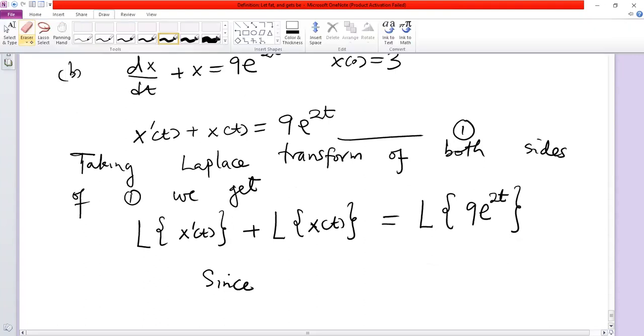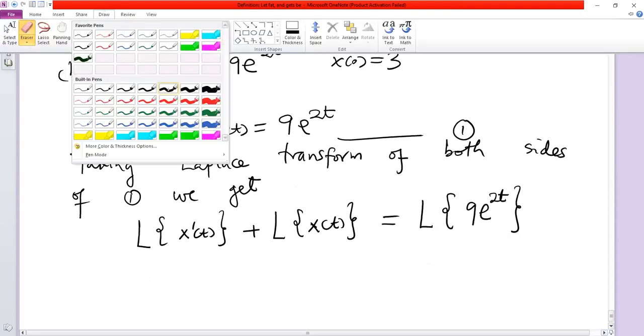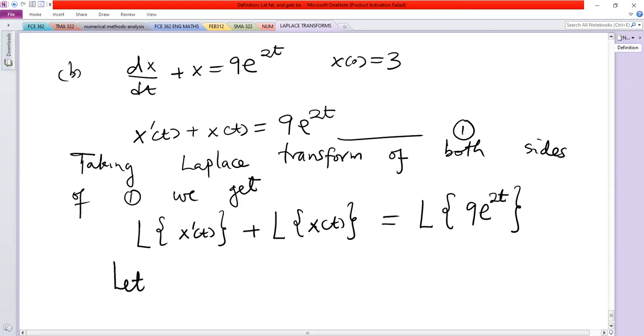So, let the Laplace transform of x(t) be given by capital X(s).